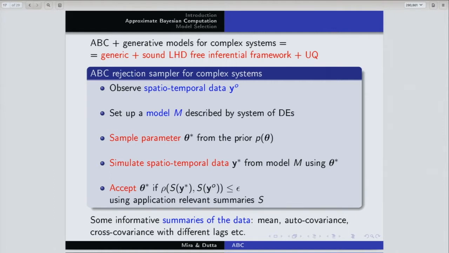And you also can do model selection and quantify the uncertainty that you have when you select one of the models that are available to you.